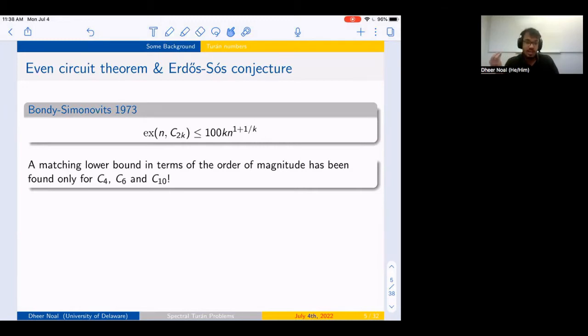So we have matching order of magnitudes for only 3 cases so far, C4, C6, and C10. So C8 would be the next thing to go for. If you could show that the order of magnitude when forbidding C8 is of the form of n raised to 1 plus 1 by 4, then that would be great.